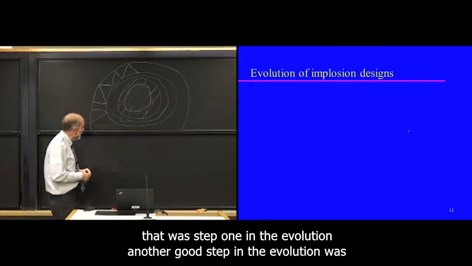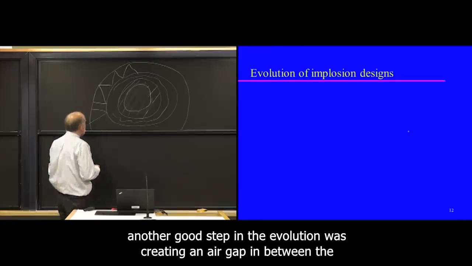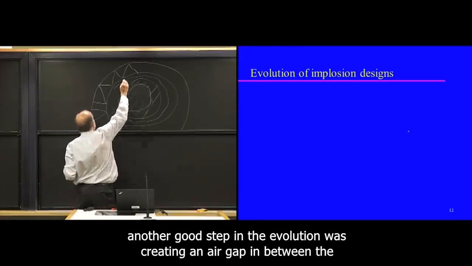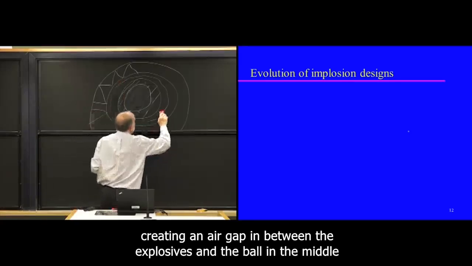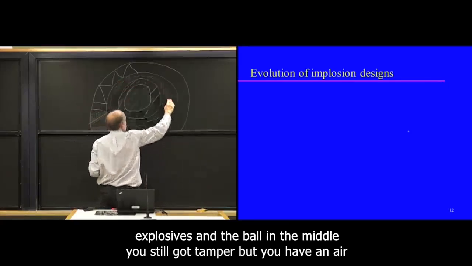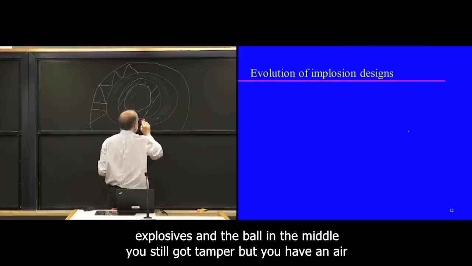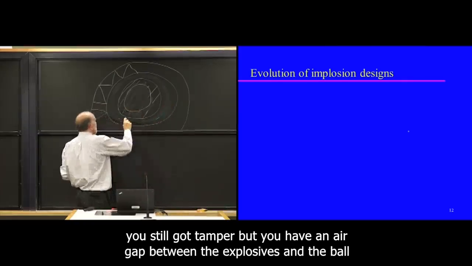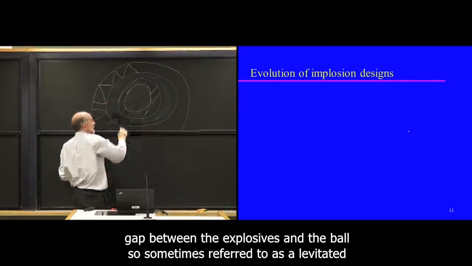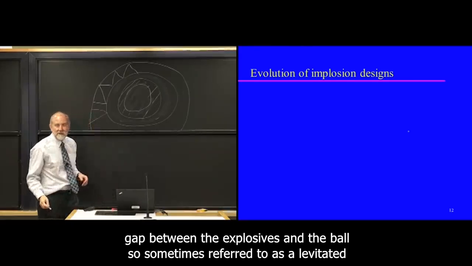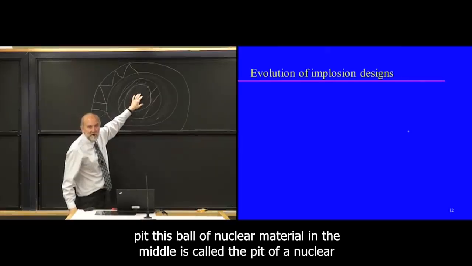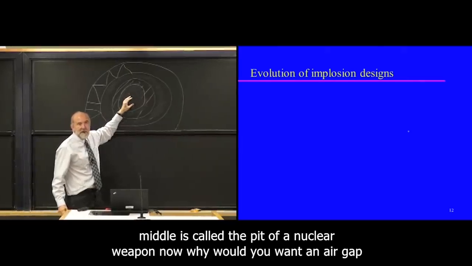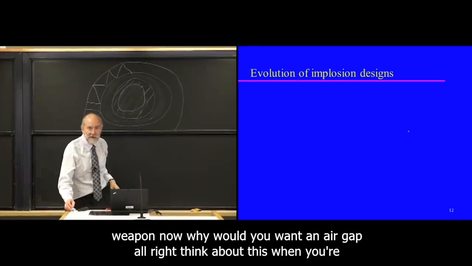Another good step in the evolution was creating an air gap in between the explosives and the ball in the middle. You still got tamper, but you have an air gap between the explosives and the ball. This is sometimes referred to as a levitated pit. This ball of nuclear material in the middle is called the pit of a nuclear weapon. Now, why would you want an air gap? Think about this.